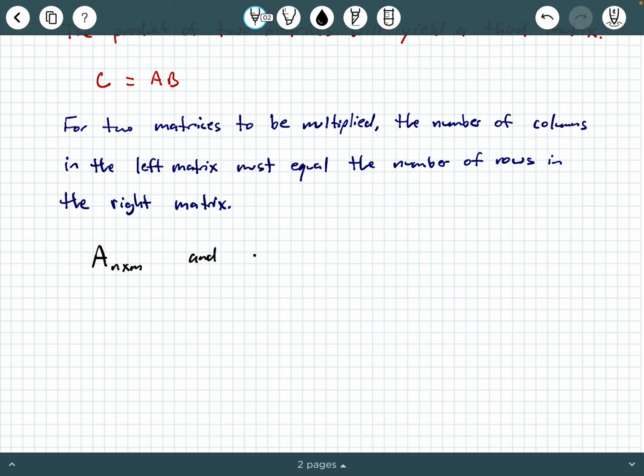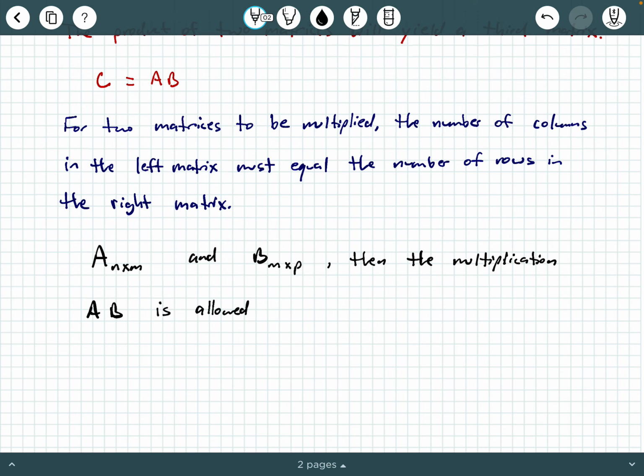and matrix B is, for example, an m by p, then the multiplication of A times B is allowed.